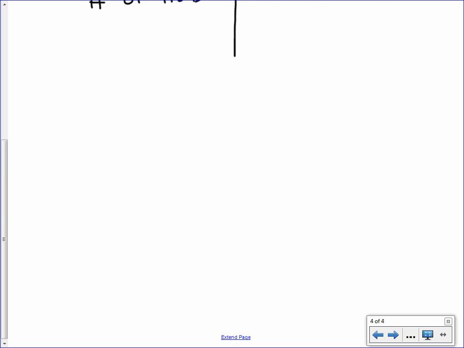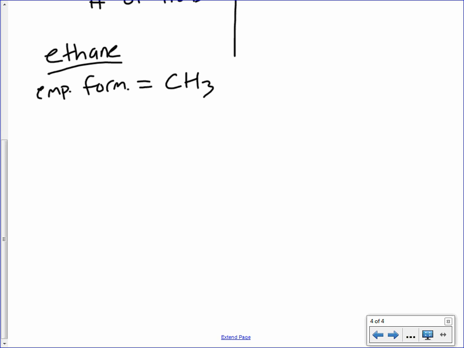So let's say we have the compound ethane. So ethane has the empirical formula of CH3. That's the ratio of carbon to hydrogen.